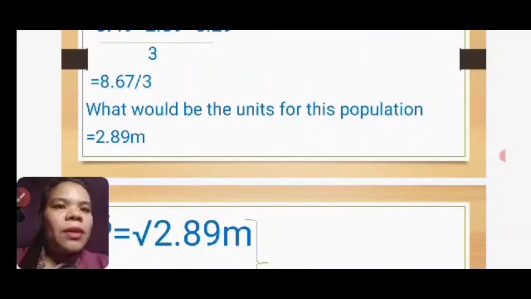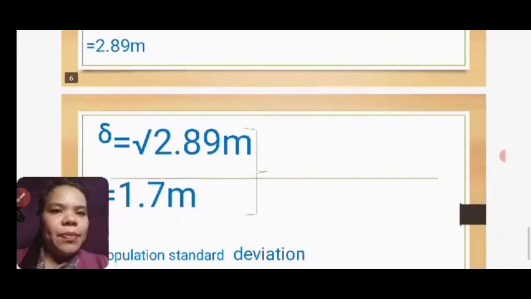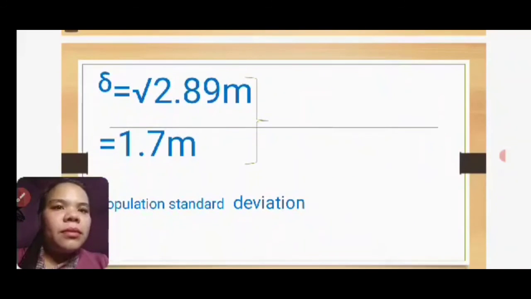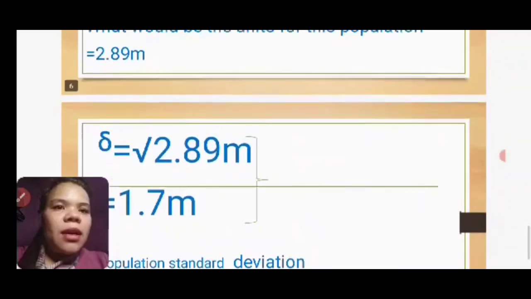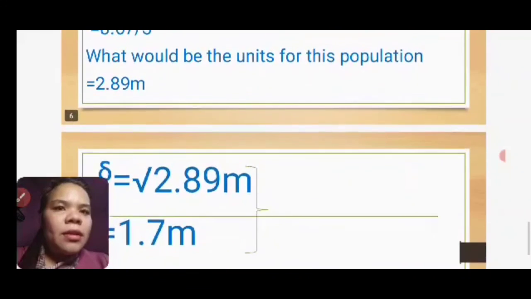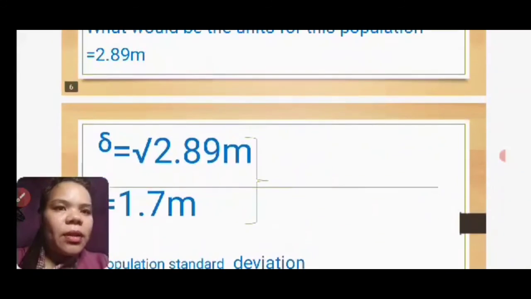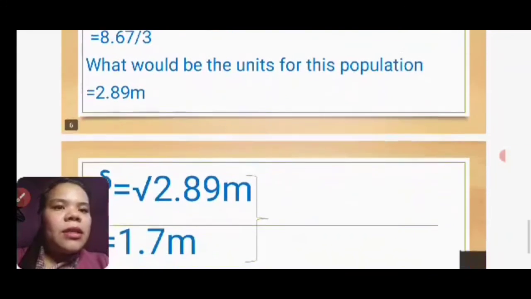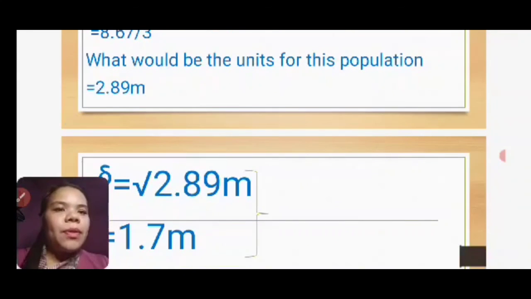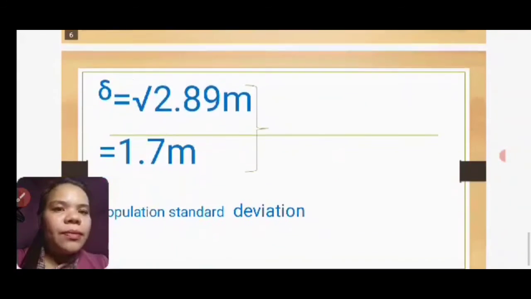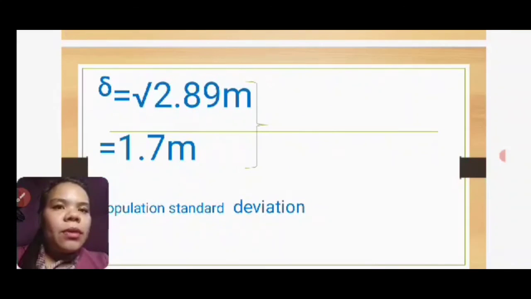So what will be the unit for this population? The unit for this population is m. Then the 2.89 is the population variance. So, the square root of 2.89 m is equal to 1.7 m.